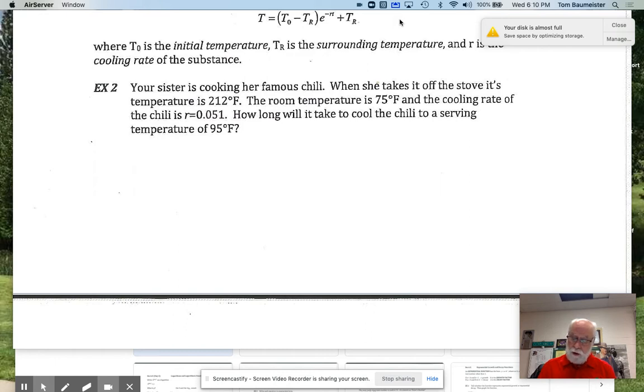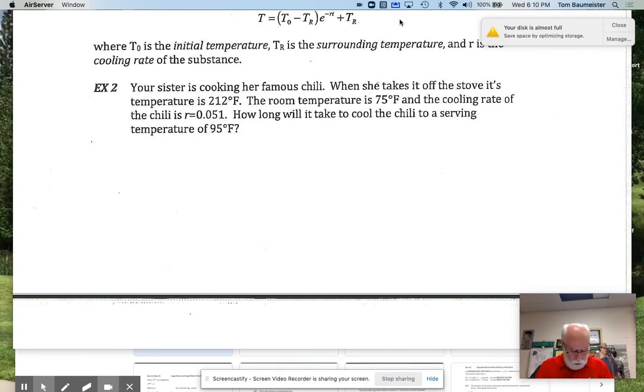The room temperature is 75 degrees Fahrenheit, and the cooling rate of the chili is r equal to 0.051. How long will it take to cool the chili to a serving temperature of 95 degrees?